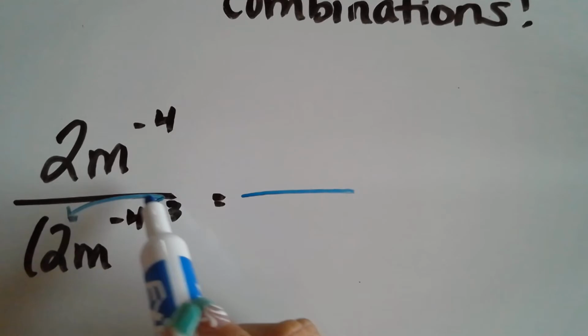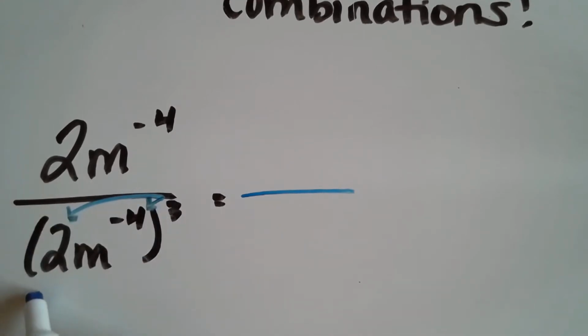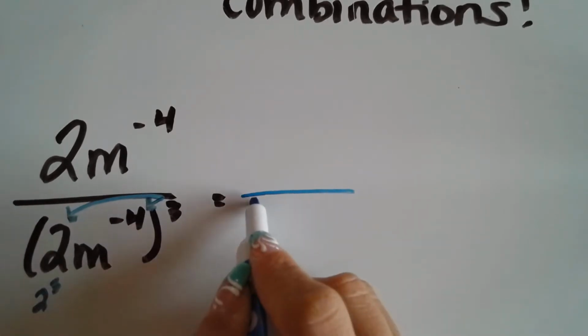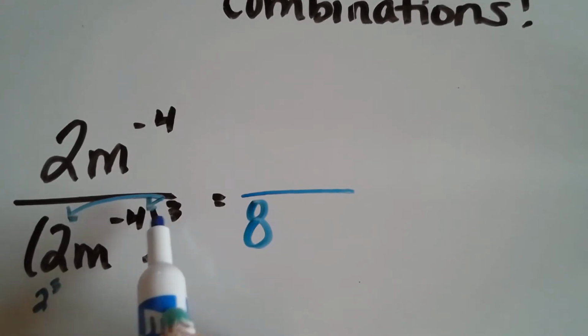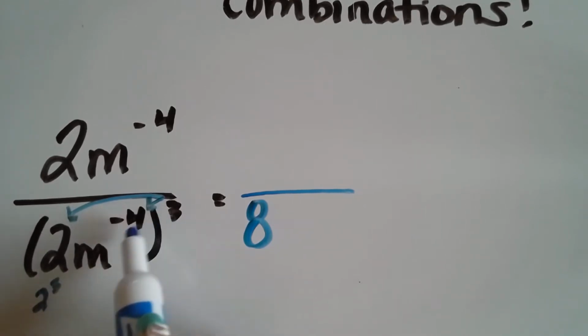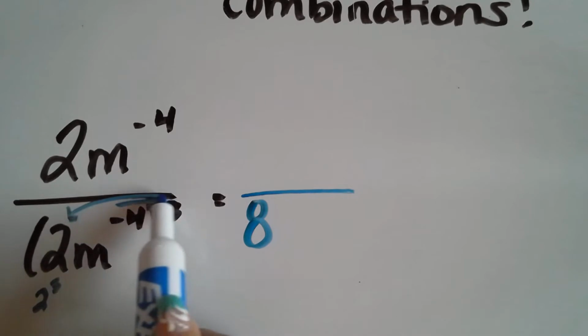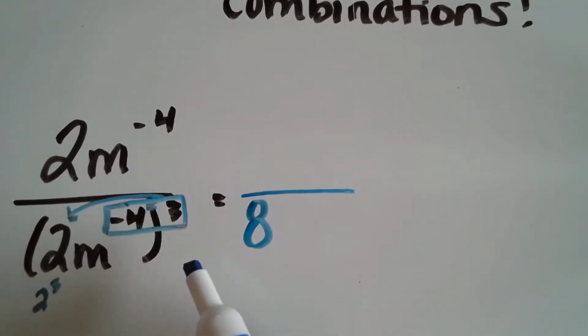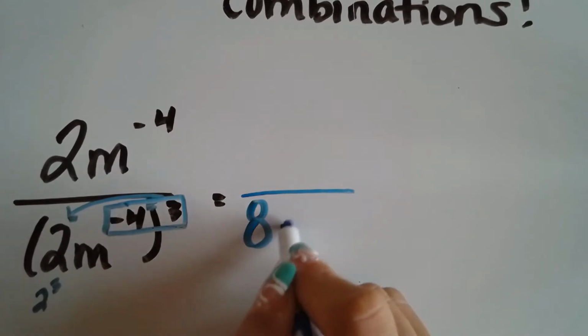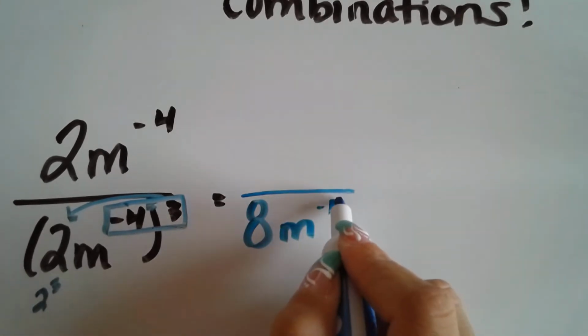So this essentially is going to be 2 to the third, and 2 to the third is 2 times 2 times 2, which is 8. And when it's exponent and exponent, power to power, what we have to do here is multiply them. So that's going to be m to the -12.